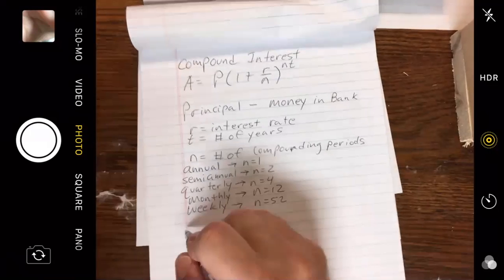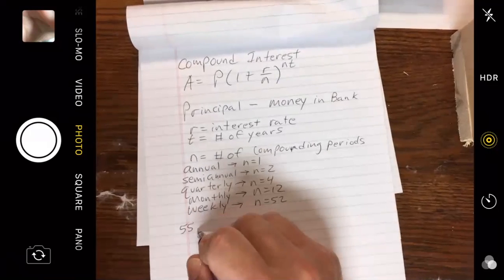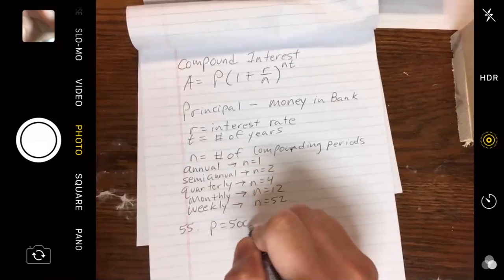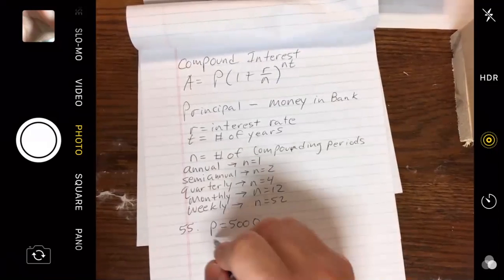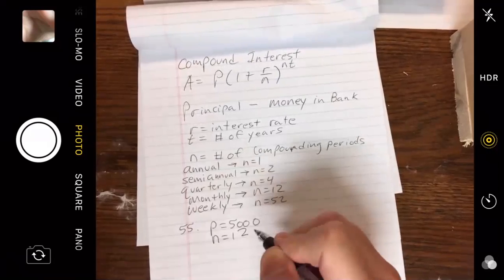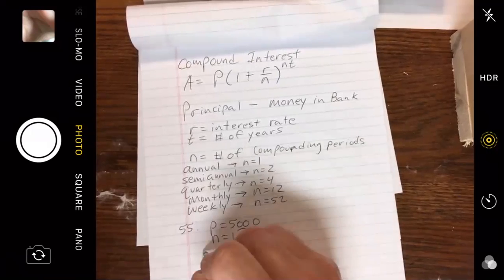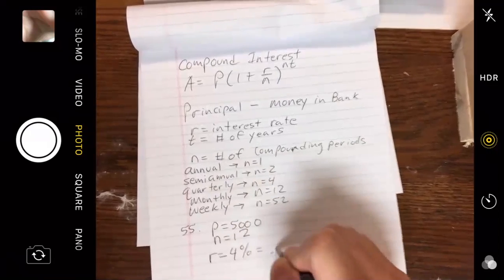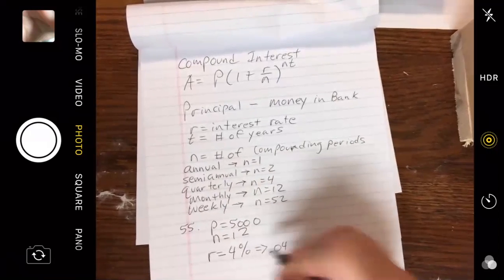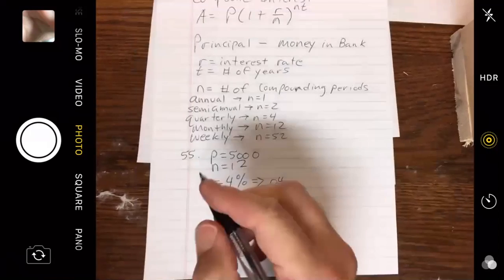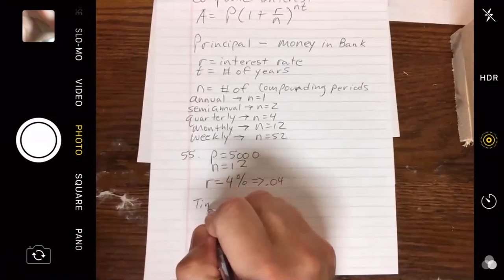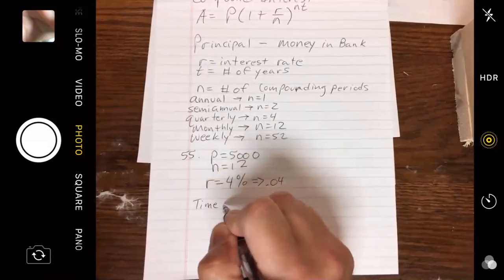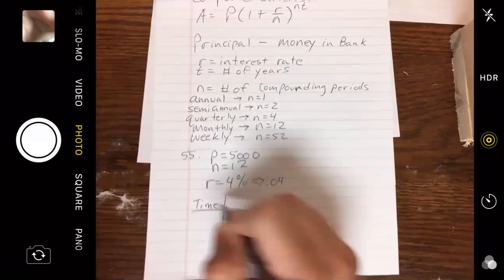So if you go to 55, your principal is 5,000. Compounded monthly, so that would be N is 12. R is 4%, and we'll convert that to 0.04. So their table is time in years.